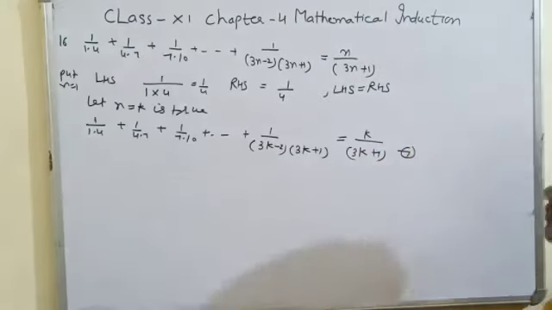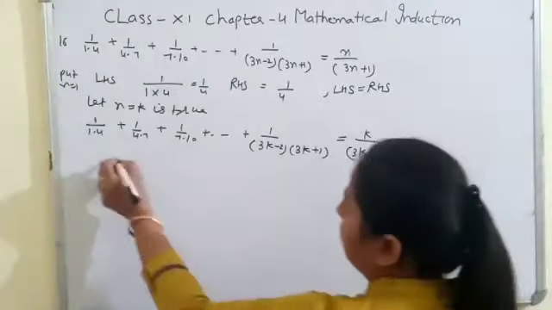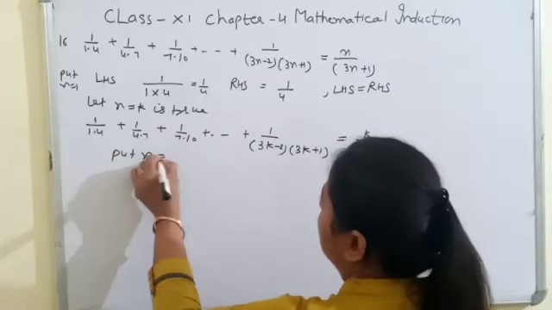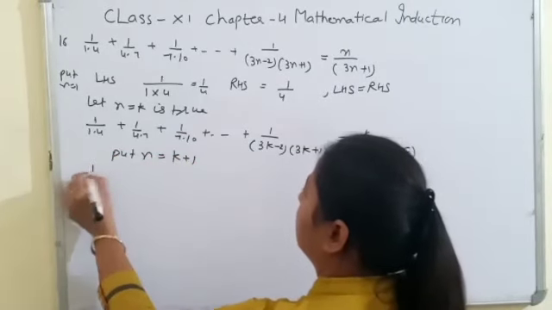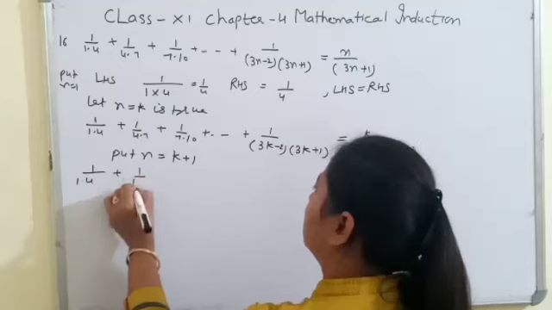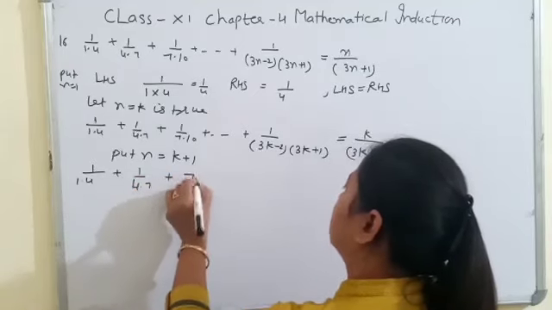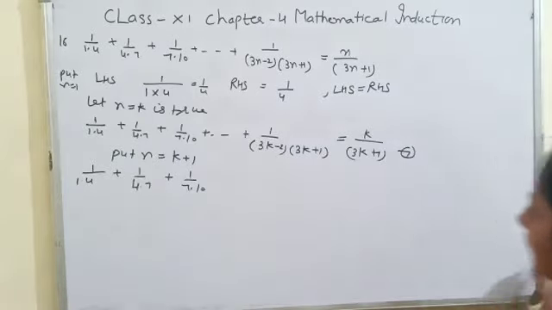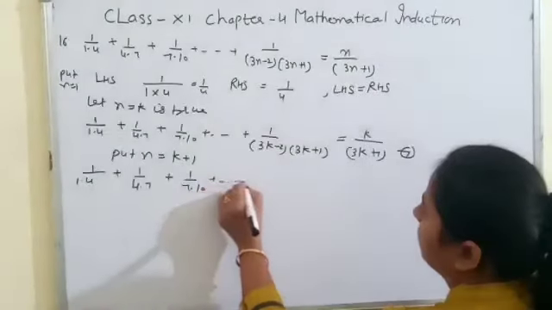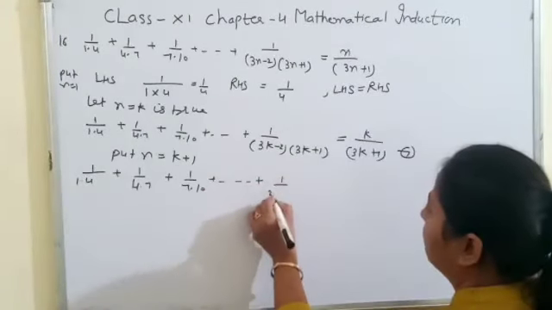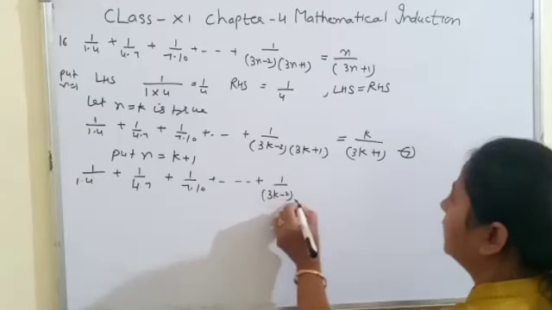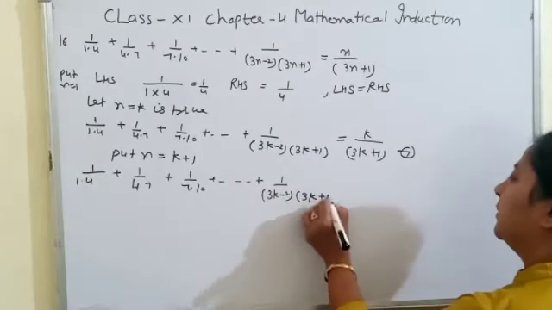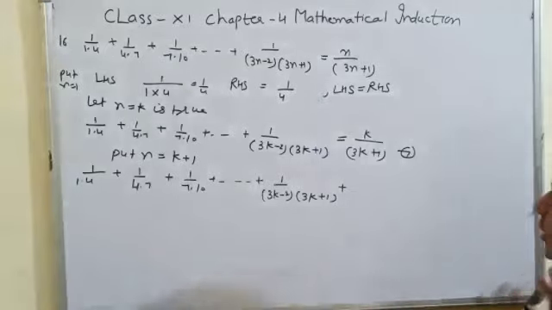This is the first. Now put n equal to k plus 1: 1 upon 1 into 4, plus 1 upon 4 into 7, and so on. Firstly we will write the second last term, 1 upon (3k minus 2)(3k plus 1), and then we will write the last term.